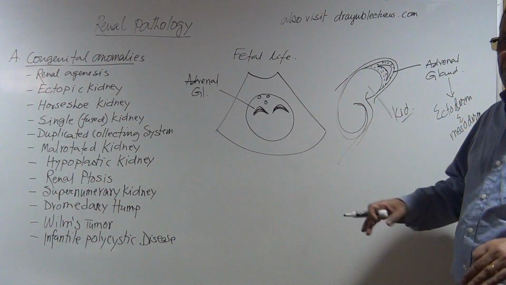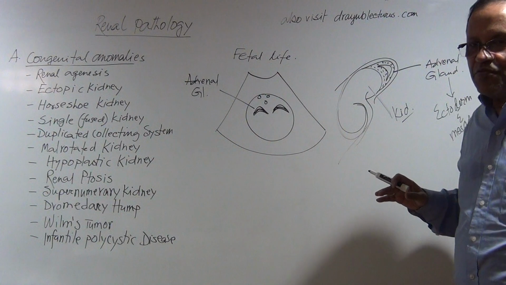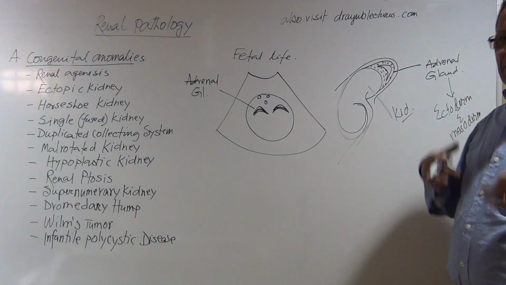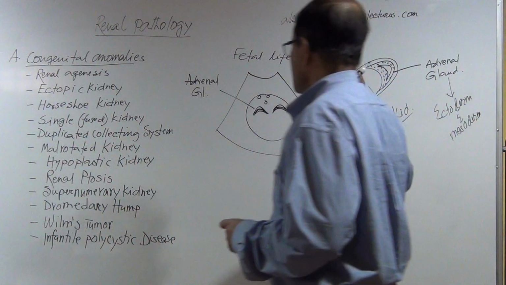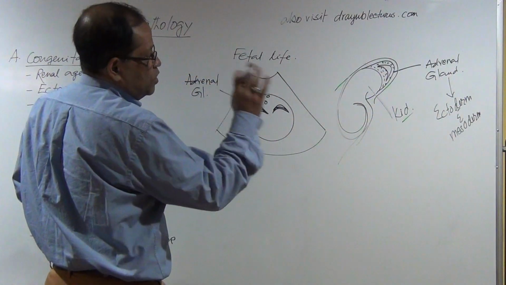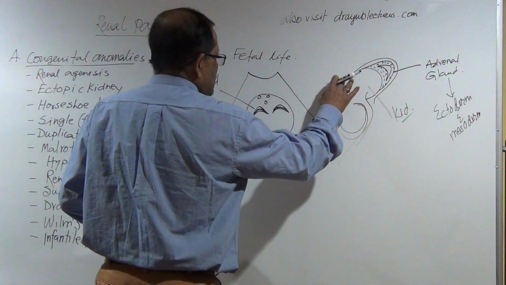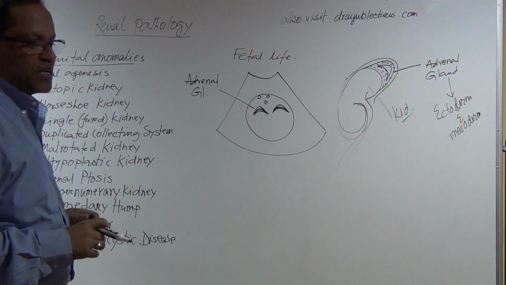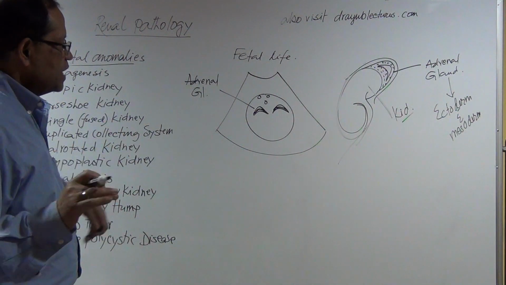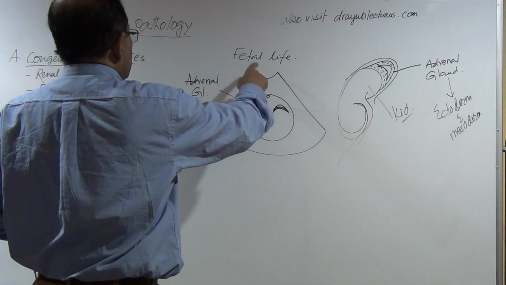If the kidney does not form, the adrenal gland says, I don't mind. Kidney, you did not form, who cares? I'm going to grow. That's why you need to know that developmentally they have two different sources. So if one is absent, the other will grow, doesn't matter, no problem.